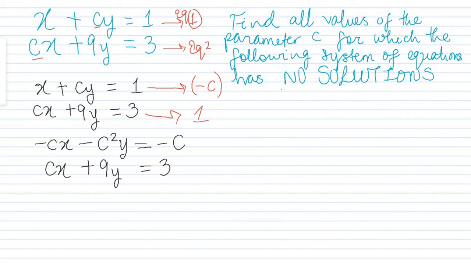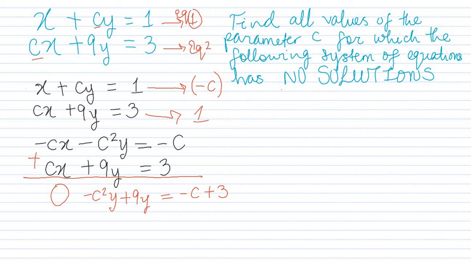The next thing we do, because we're trying to reduce the number of equations, is add them. Negative cx plus cx is 0. Negative c squared y plus 9y stays as is, and negative c plus 3 is the same as 3 minus c.